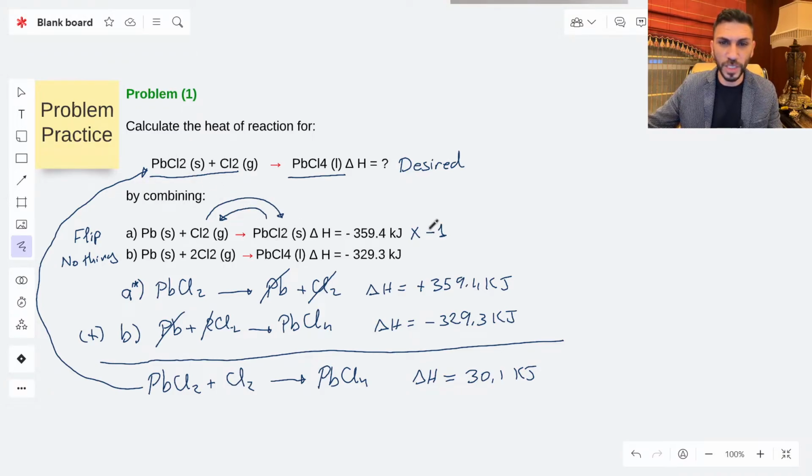We have it here as a product, so I'm going to flip it, multiply it by -1, so it equals 359.4 kilojoules. The second one, we have it in the product, 1 mole, 1 mole, so nothing. So I'm going to multiply it by 1, which means we didn't do anything to it. So it equals -329.3. Now we add delta H with delta H, and we will have the final delta H.